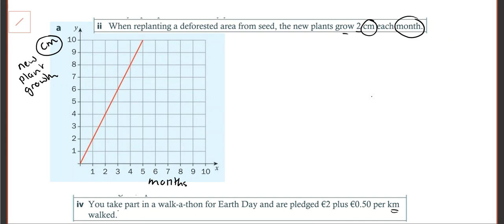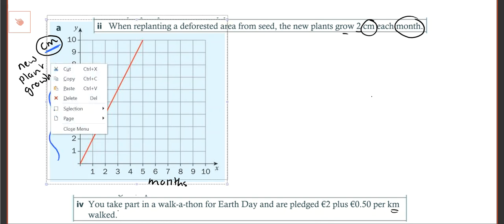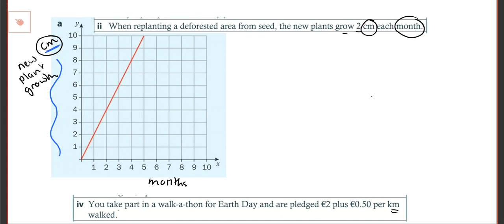All right, so I'm going to pick a couple of points. Talia said it's centimetres because this is how the plant is growing. This is the height of the plant, so it goes up every month. So this is the month.